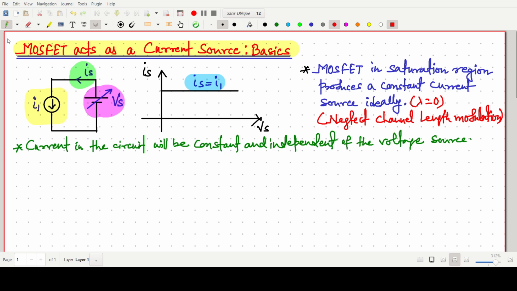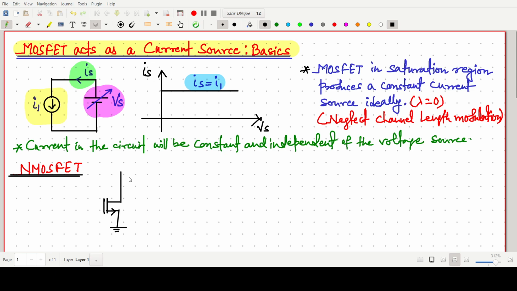Okay, so first of all we have to start with an NMOS, an N MOSFET. First of all, I have to make a simple diagram. I told you the MOSFET in the saturation region works as a constant current source.